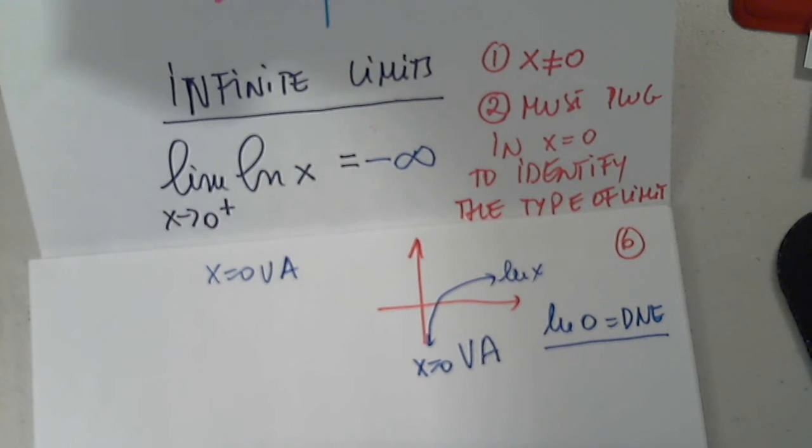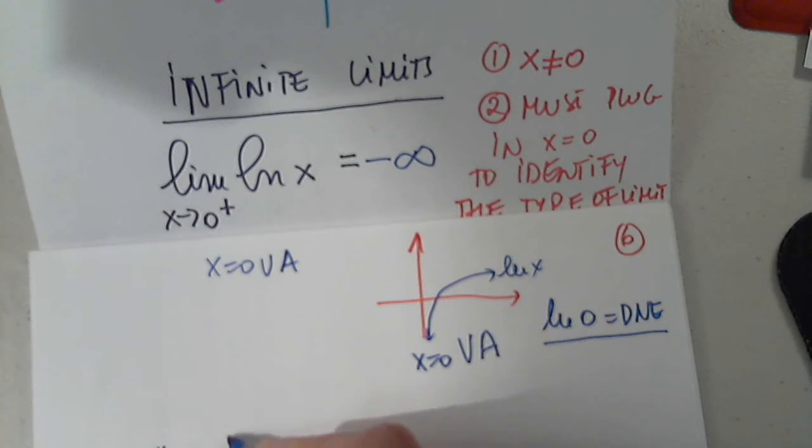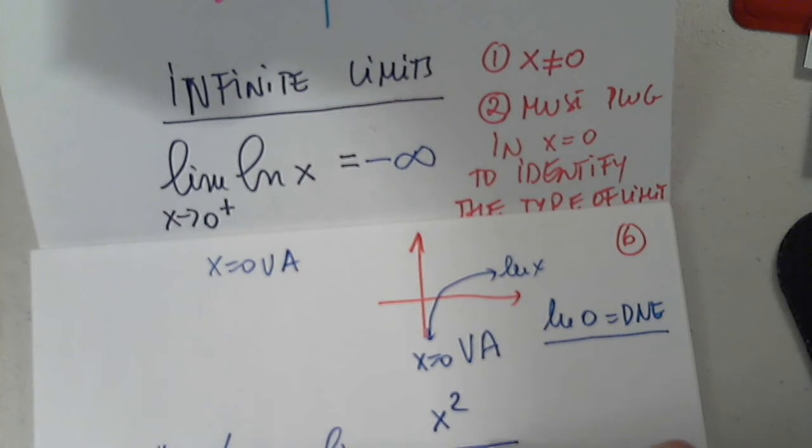Here's another example. I'm looking at problem 31 from 2.2. So we have the limit as x approaches 2 of x squared over (x minus 2) squared.